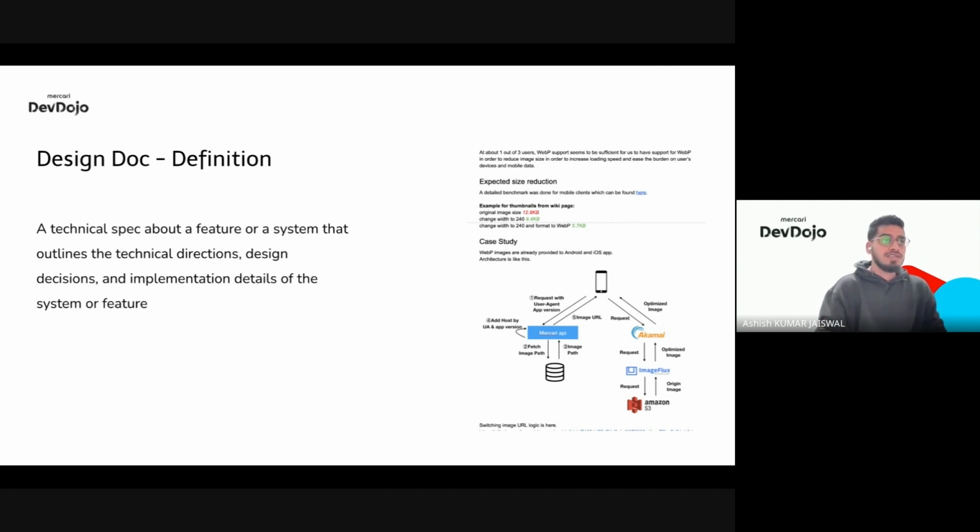The purpose of this design doc is that you can think of it as a blueprint, where it provides developers and other stakeholders the technical direction, design decisions, and implementation details of the software system and feature.